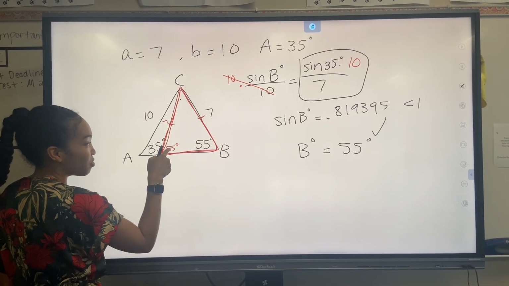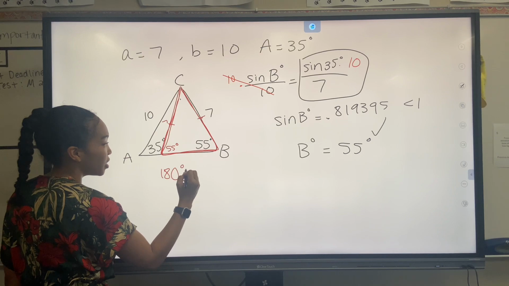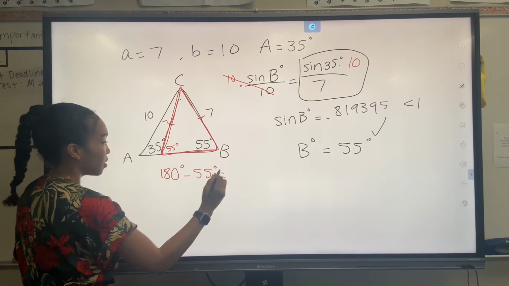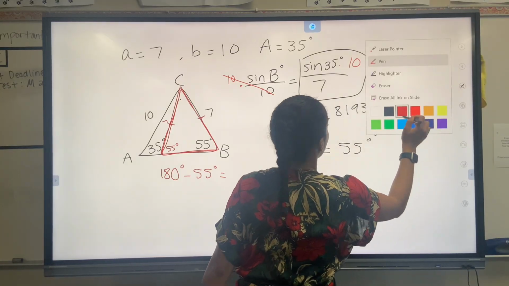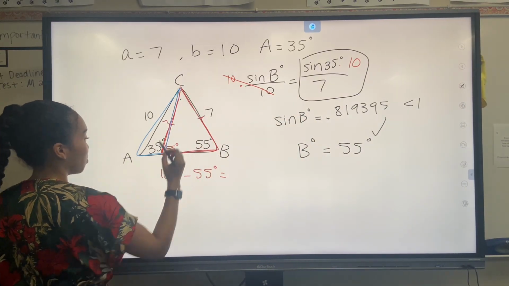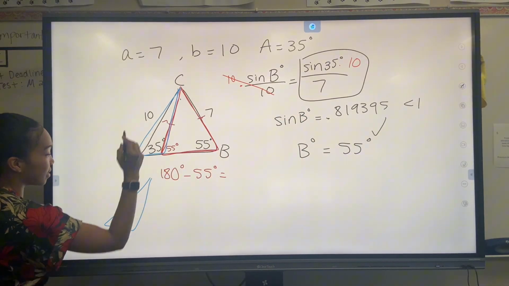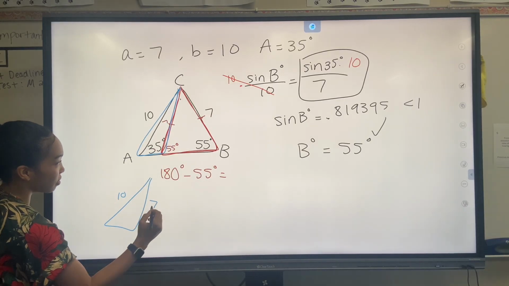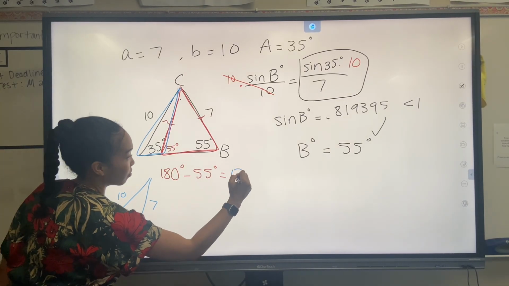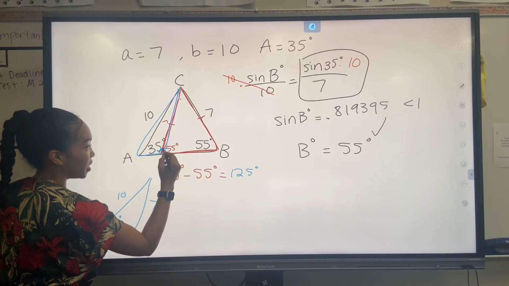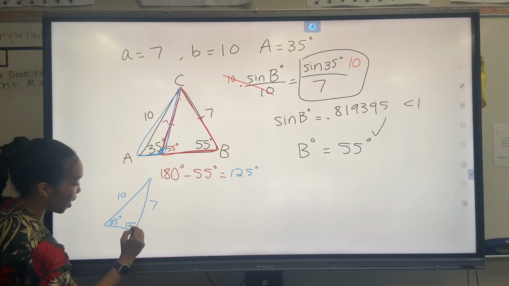That means if this is 55, 180 minus 55, get 125. So let's look at this triangle in here. Let's see if this is possible. This one, that's 7, this is 35 degrees, that's given, and we just found out that this angle in here is 125.